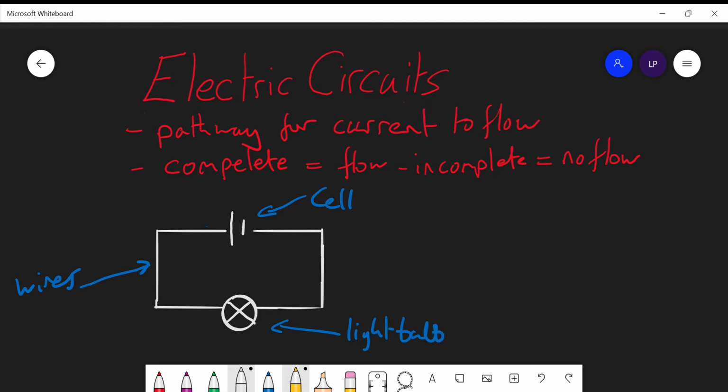The current will flow through the light bulb, and the light bulb will glow. But if we end up having a break in the circuit, let's cut a little bit out. This stops the flow of the current, and our light bulb will stop glowing.